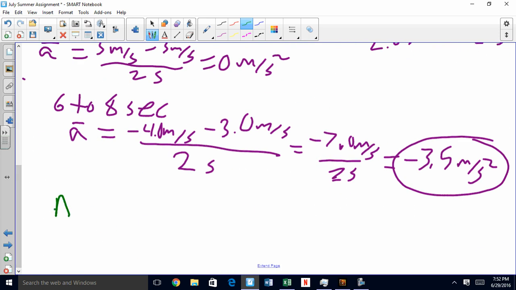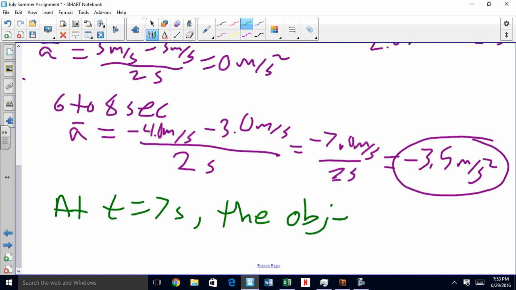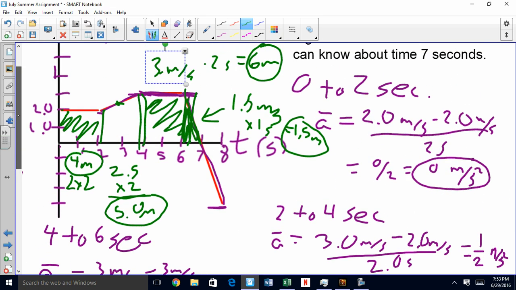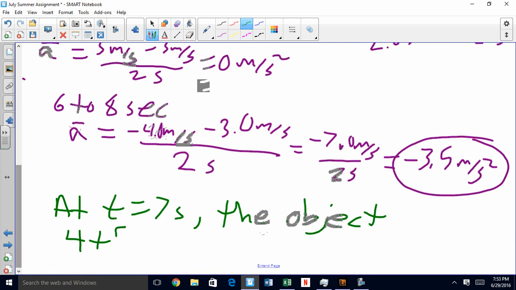So at t equals 7 seconds, the object moved 4 plus 5 plus 6 plus 1.5 equals 16.5 meters.